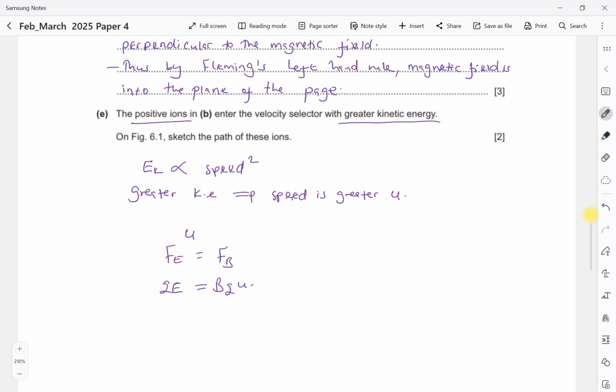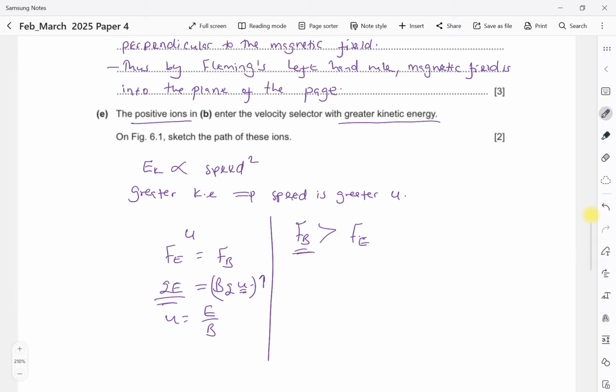So this means that u equals E over B. When the new speed is greater, it means the magnetic force is now greater than the electric force, because the electric force is not changing and the magnetic force depends on this speed. So a greater speed means a greater magnetic force.